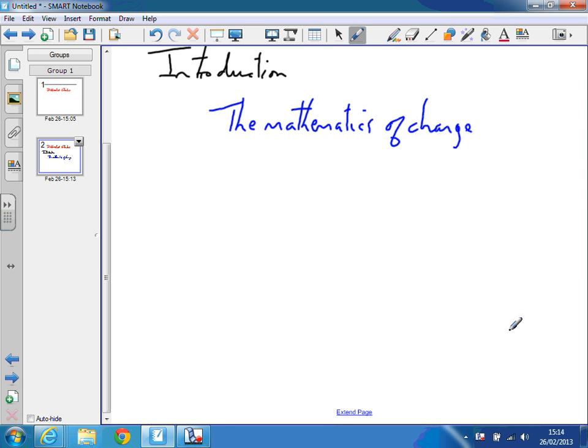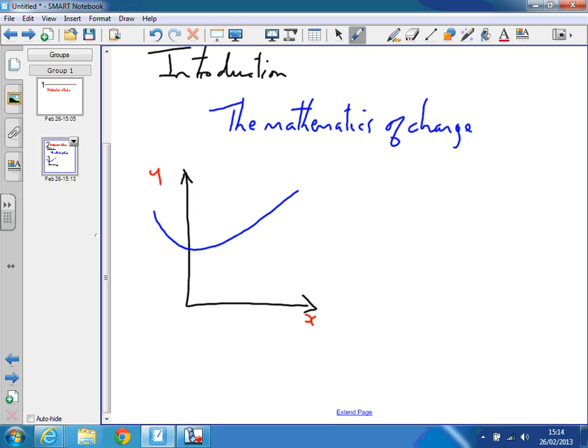So if I've got a function and I plot a graph, y against x, and I get some sort of curve, this represents the change of y with x.